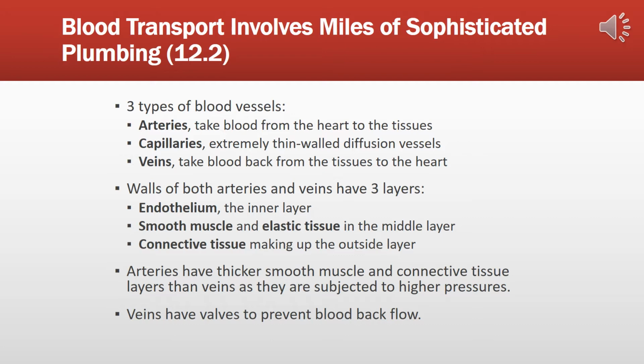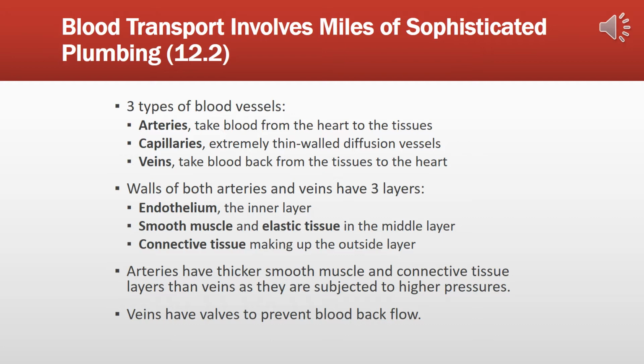So the walls of both arteries and veins, but not capillaries, have three layers. There's the endothelium, or the innermost layer. The middle layer is a muscular layer made up of smooth muscle and elastic tissue. And then finally, the outer layer is made up of connective tissue.